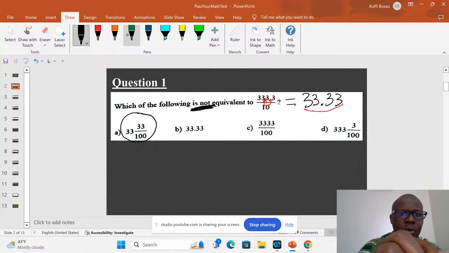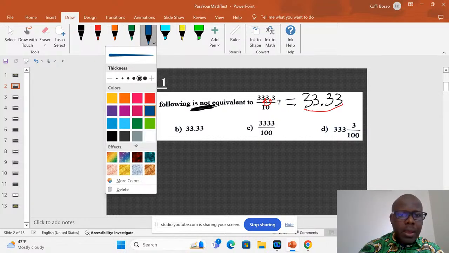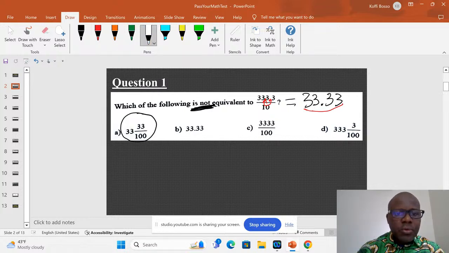So to rewrite it, let's use a different color. Perfect. So this is the same as 33.33.